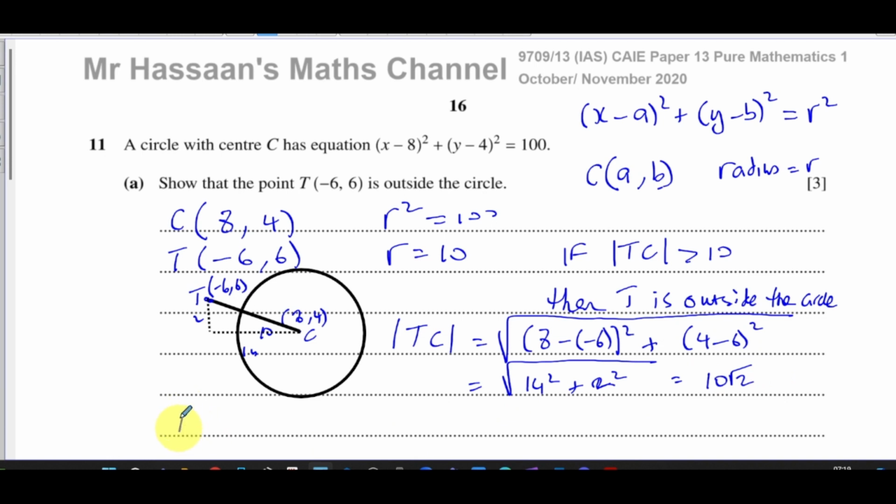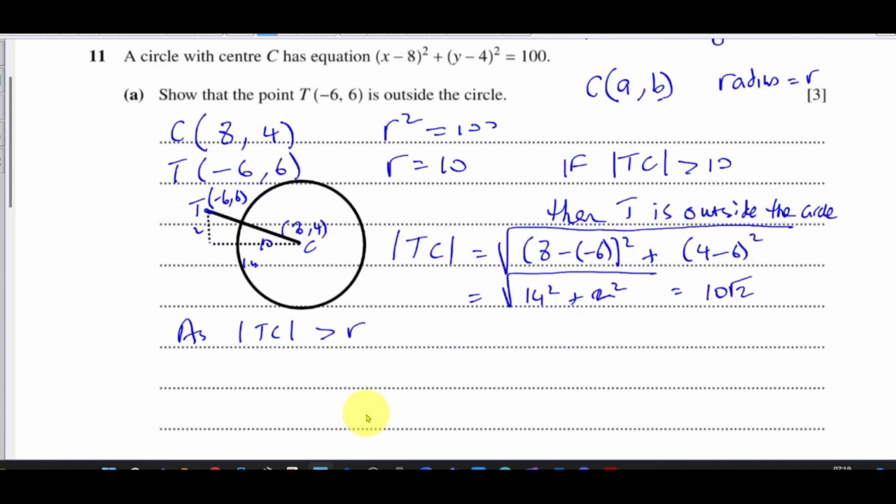So the magnitude of TC is bigger than the radius, and we can say 10 root 2 is greater than 10. Therefore, T must be outside of the circle. Okay, so that's a good enough proof.